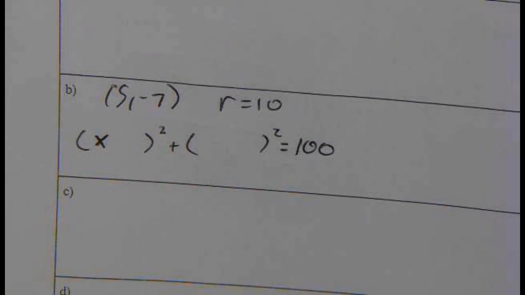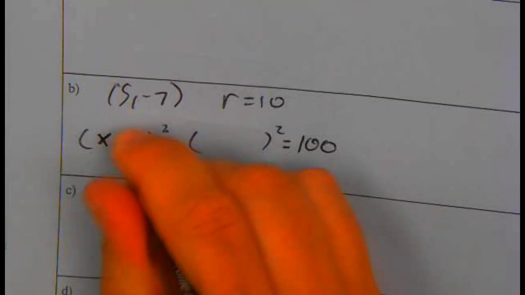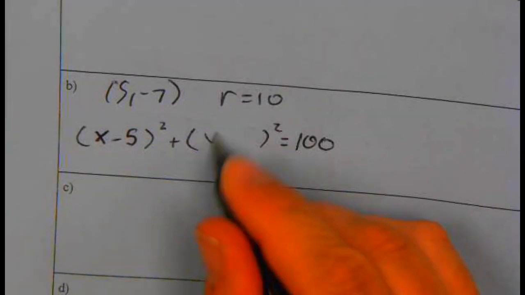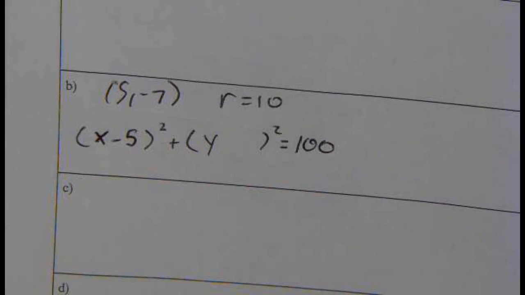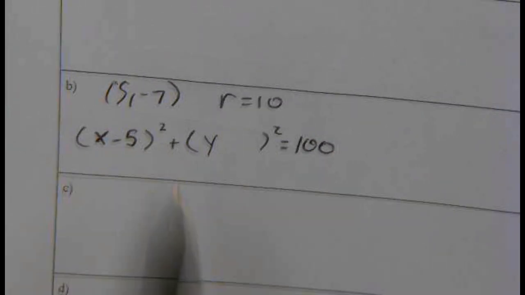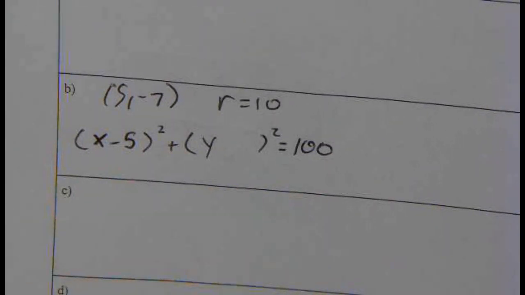Go ahead, Dawson. And then y what? Now this is a 7. So y, do you think it's minus 7? So here's the thing.